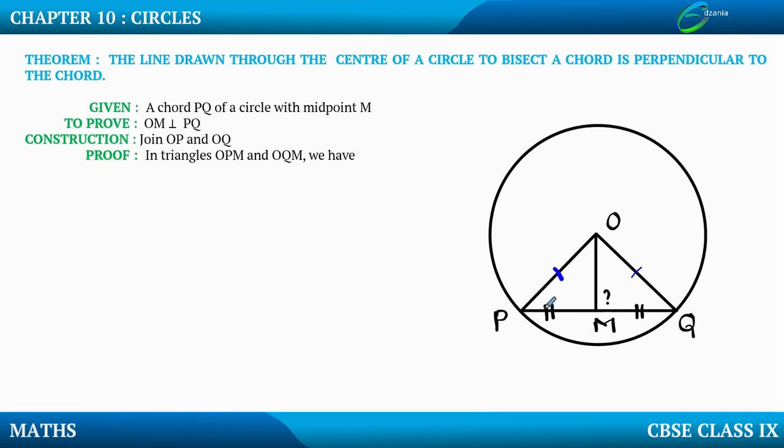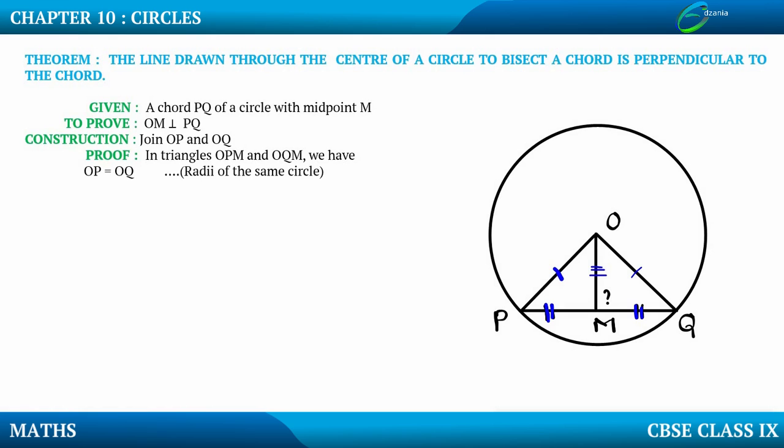Then after that already I have PM equal to MQ. This is because M is the midpoint of PQ, it was given. And clearly I can see there is a common side OM for both the triangles. So I can say OM is equal to OM. Therefore we can say that the two triangles are now congruent by SSS test.